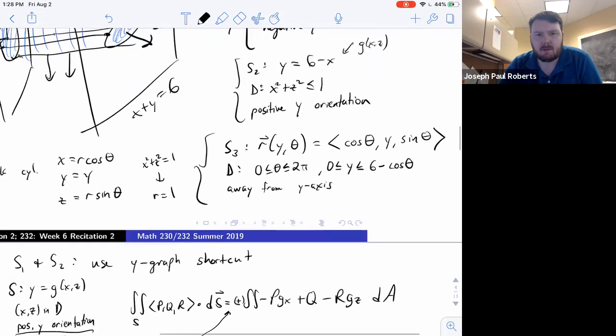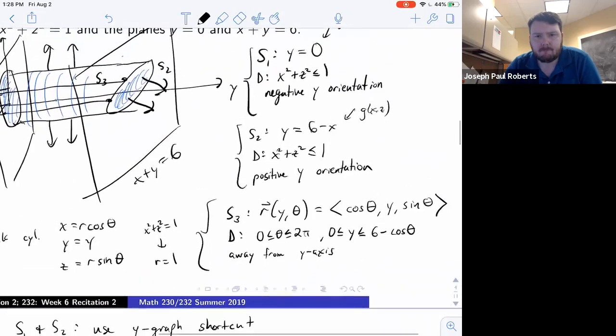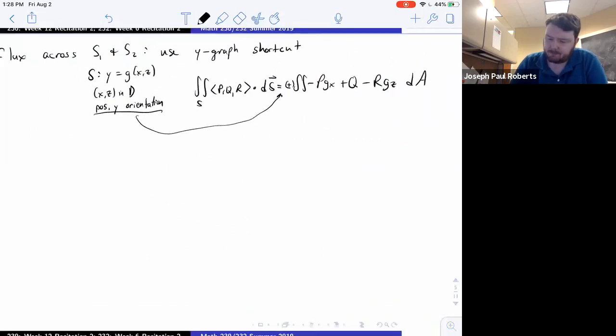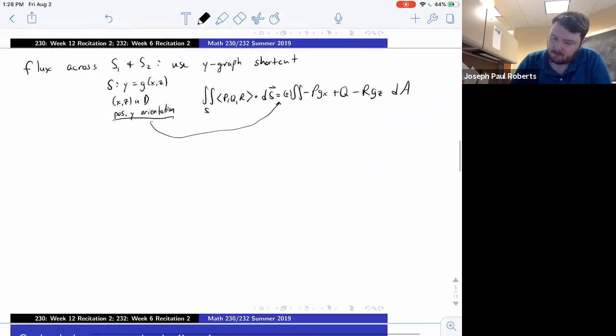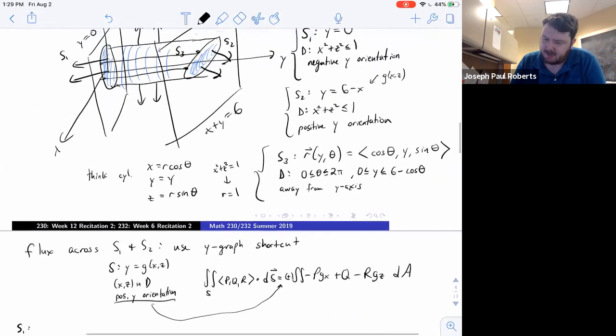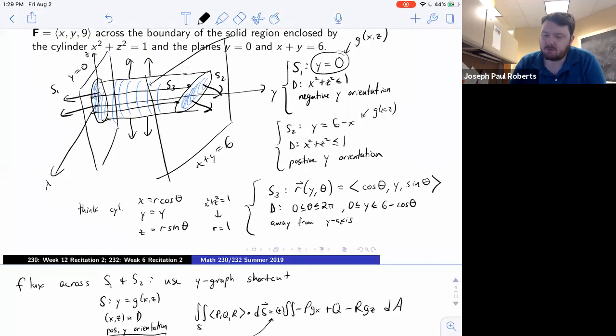Okay, so anyway, let's get going. For S1, S1 has a pretty simple g of x, z. So g_x and g_z are both 0.